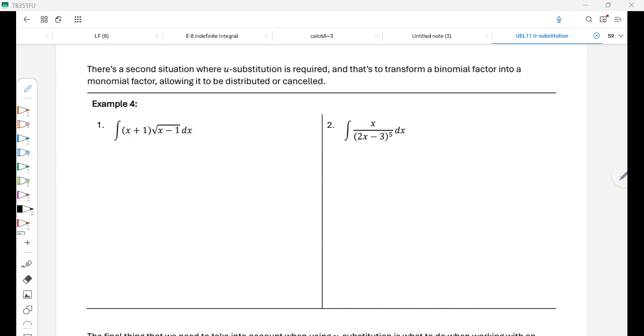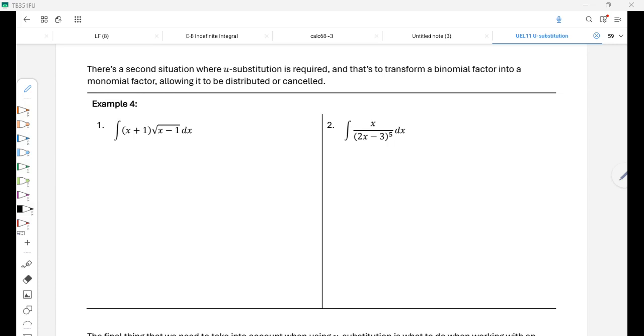When we use this method, we have usually two linear terms being either multiplied or divided. So that's what we have. That's the identifier for this type of problem. X plus 1 is linear, and we're multiplying it by the square root of x minus 1. X is linear, and we have 2x minus 3 to the 5th power.